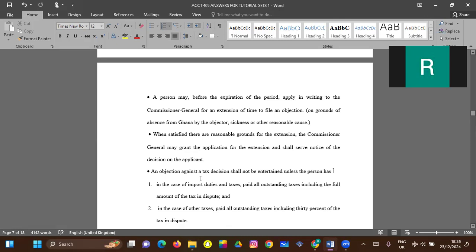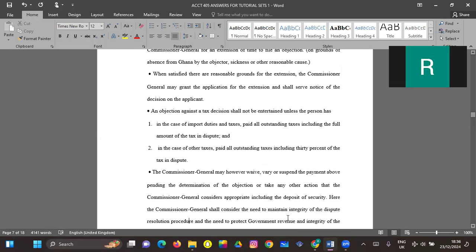An objection against a tax decision shall not be entertained unless the person has, one, in case of import duties and taxes, paid all outstanding taxes, including the full amount of the tax in dispute. And two, in the case of other taxes, paid all outstanding taxes, including 30% of the tax in dispute.